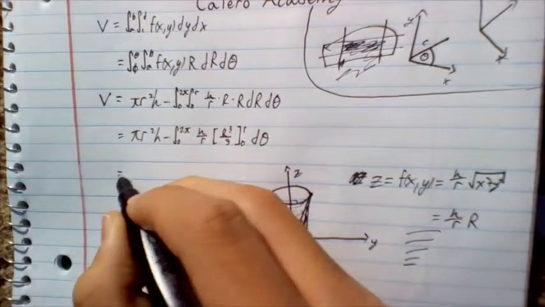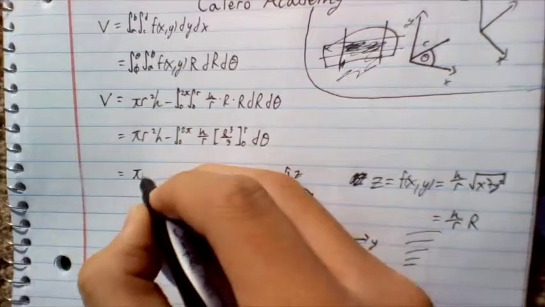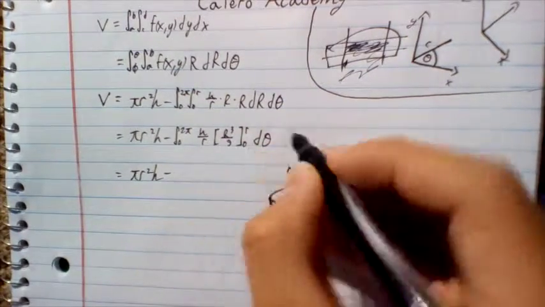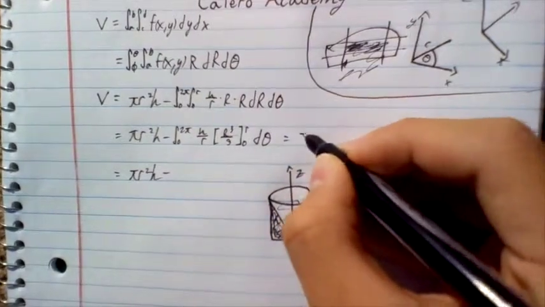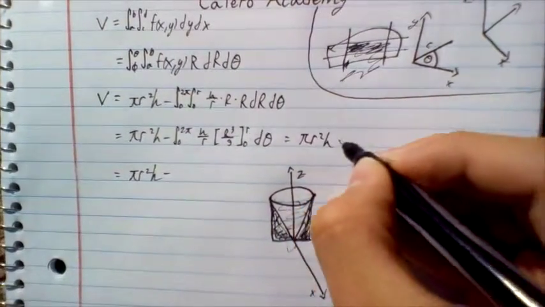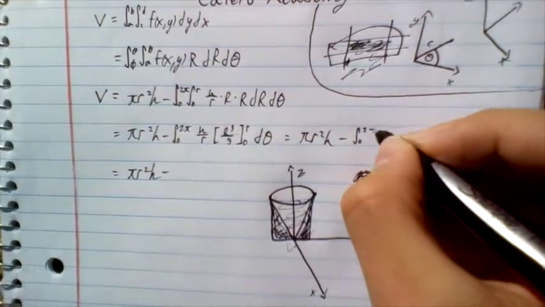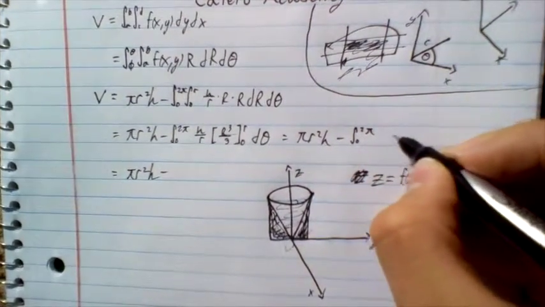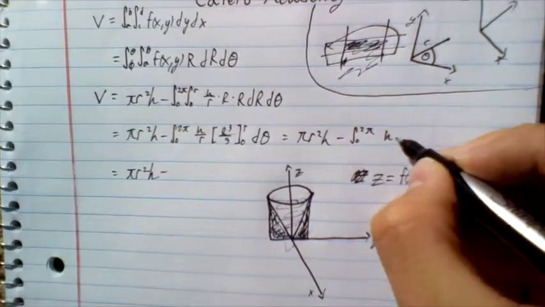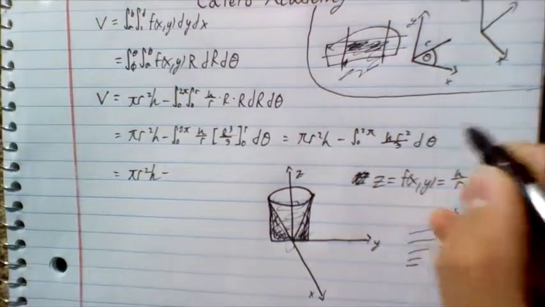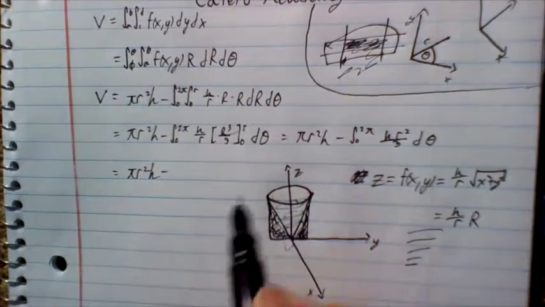And now our volume is equal to pi r squared h minus the integral from 0 to 2 pi of h r squared on 3 d theta. So just simplifying that.